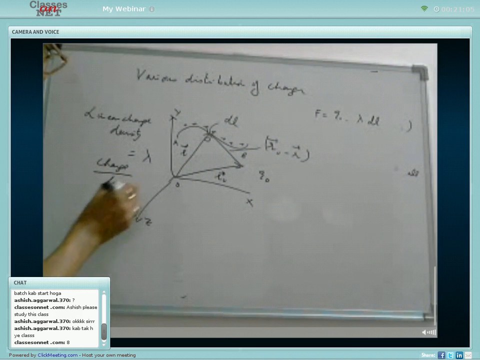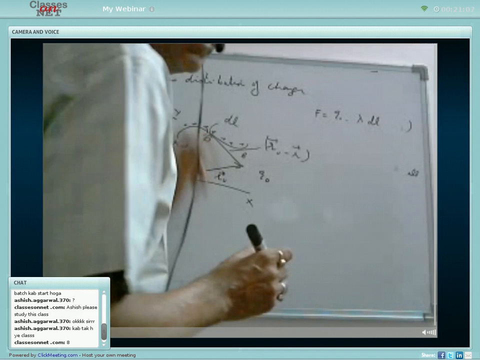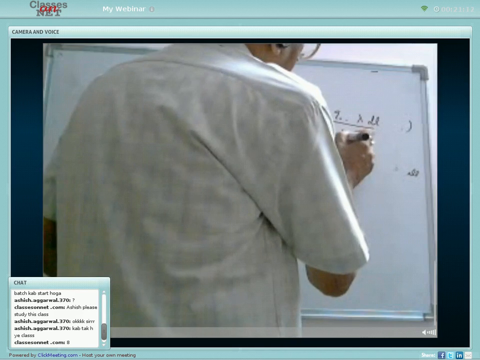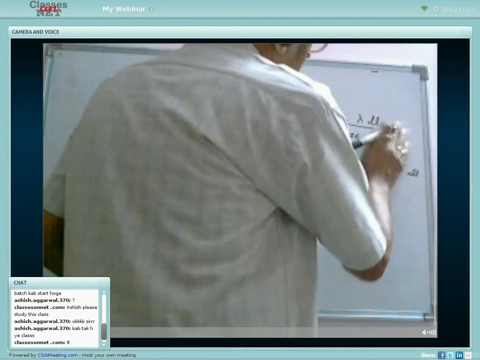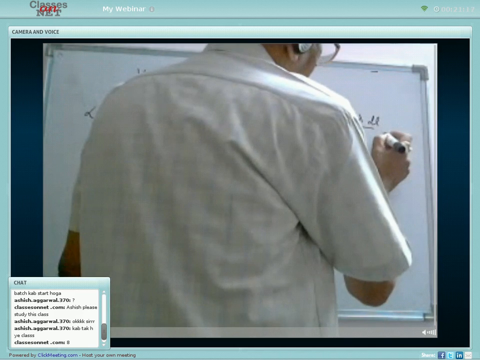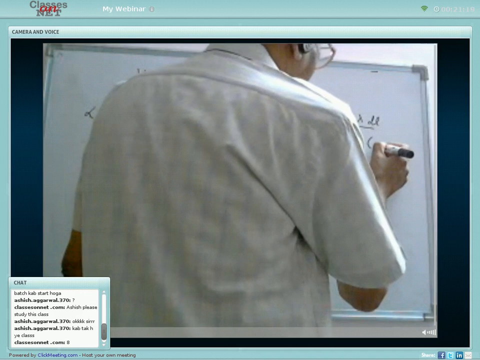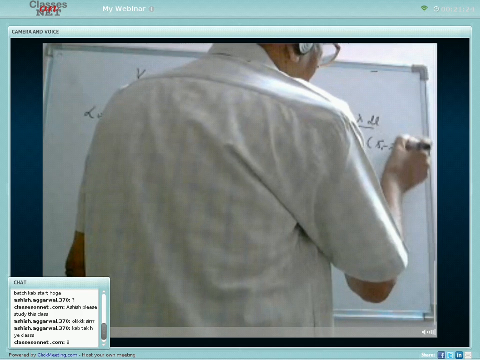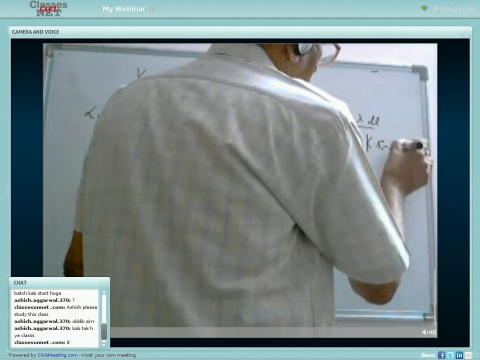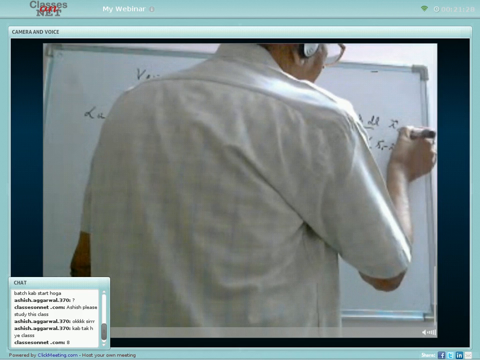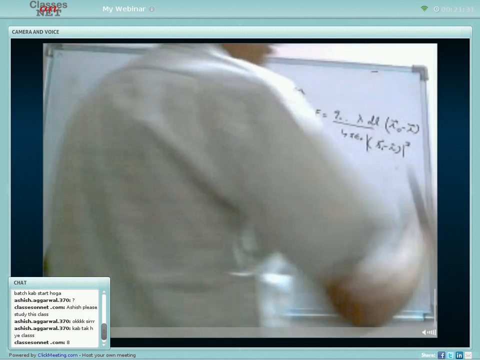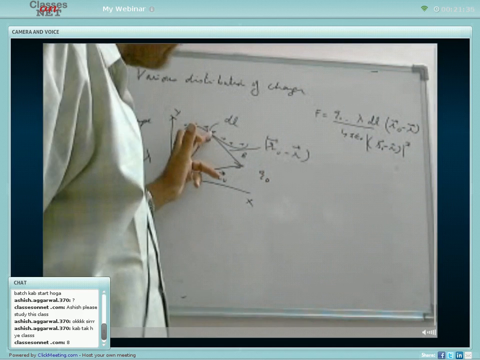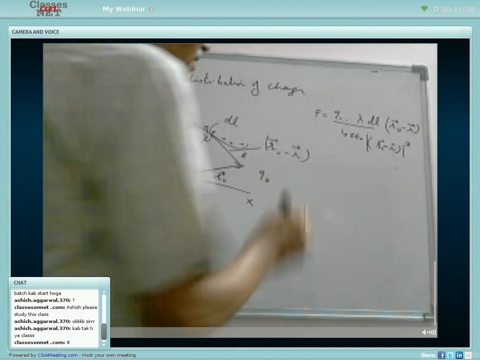So for length dl, the charge will be lambda dl, 4 pi epsilon 0 into R0 minus R cube, R0 minus R vector. This is the force on this Q0 due to this small element lambda dl.